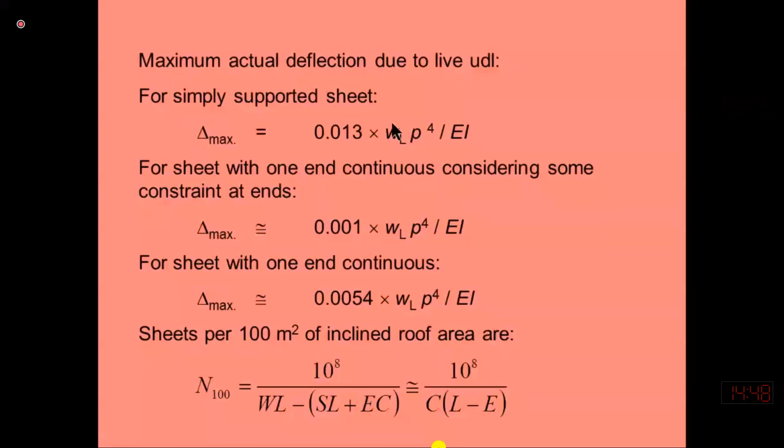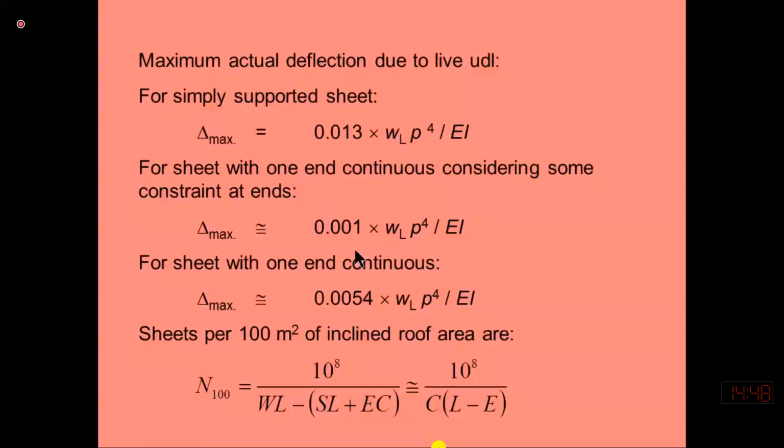Because we assume that the self weight is carried by the structure itself, so the structure always has deflection due to self weight. The extra deflection will be due to the live load only. For this reason we sometimes provide a negative camber to the structural member, so that due to dead load the structure becomes straight and all the additional deflection will be due to the live load only.